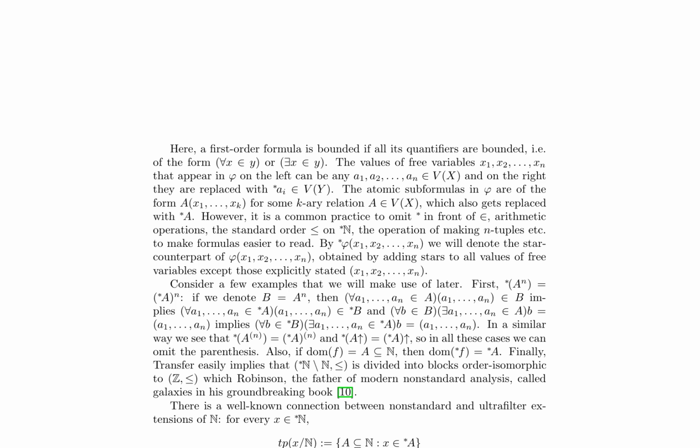The star counterpart of φ(x1, x2, ..., xn), denoted by *φ(x1, x2, ..., xn), is obtained by adding stars to all values of free variables except those explicitly stated.